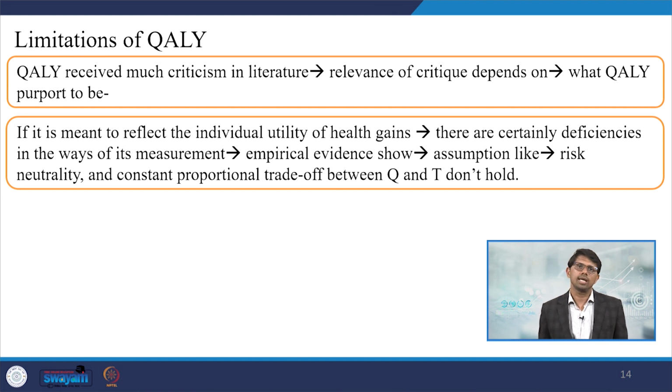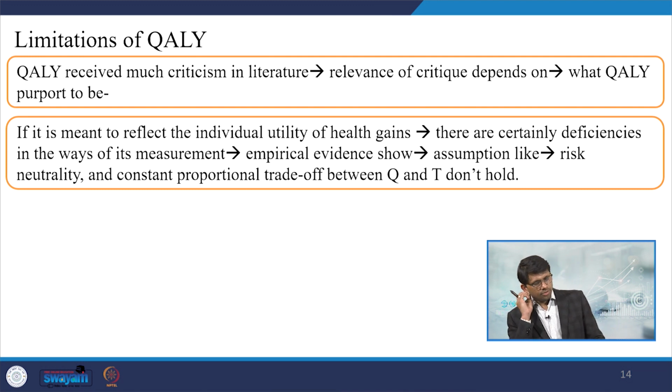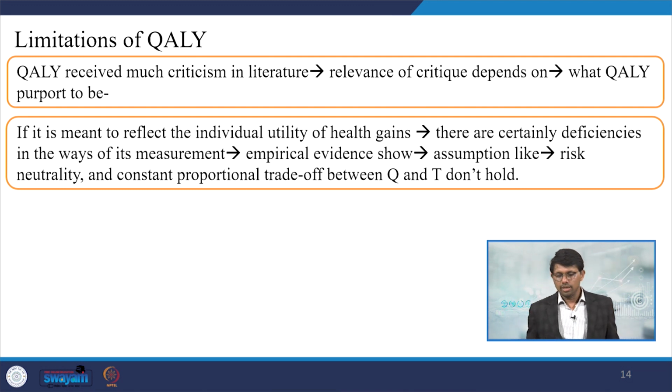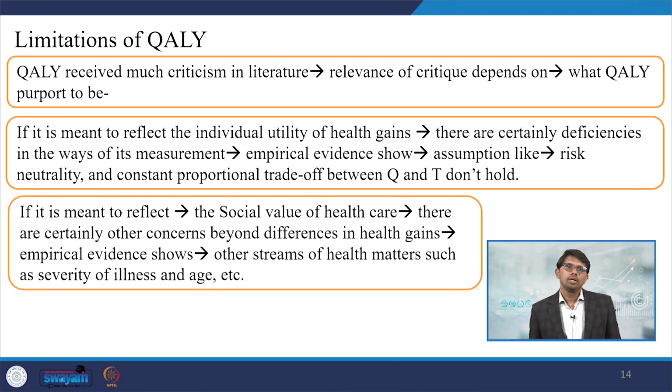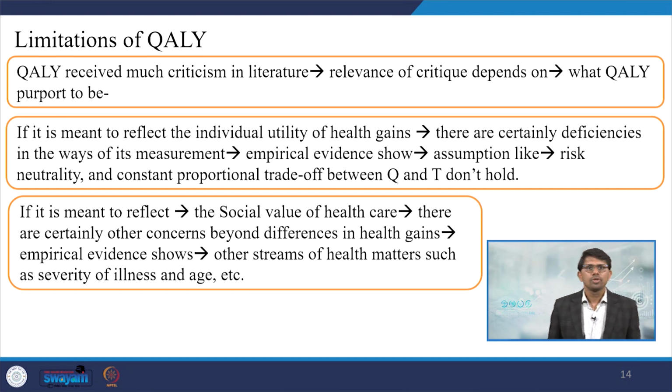Assumptions like risk neutrality and constant proportional trade-off between Q and T usually do not hold. Hence QALY is questionable. And if it is meant to reflect the social value of healthcare, there are certainly other concerns beyond differences in health gains.